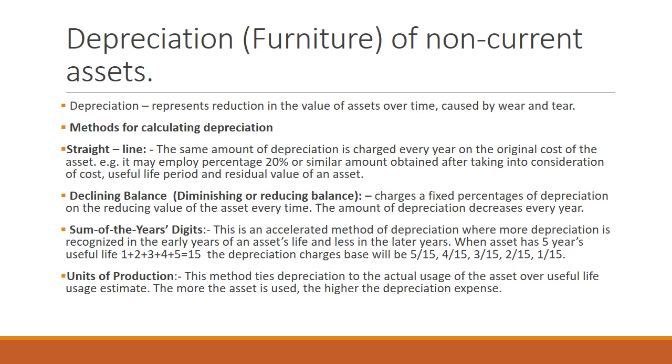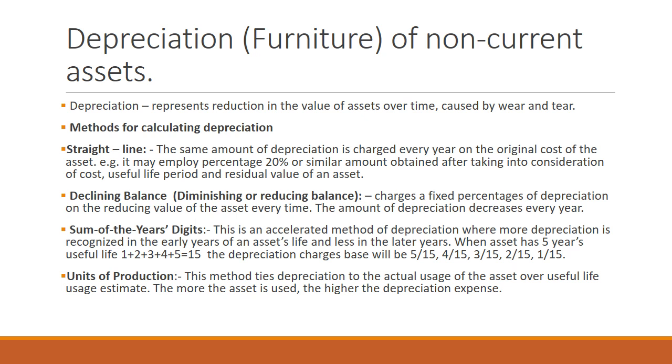Number three, we have the sum of the year digits. We call it an accelerated method of depreciation, where more depreciation is charged when the machine or asset is new, and less is charged later. The idea is that when the asset is new, it contributes more, so the depreciation charge also needs to be a bit higher.